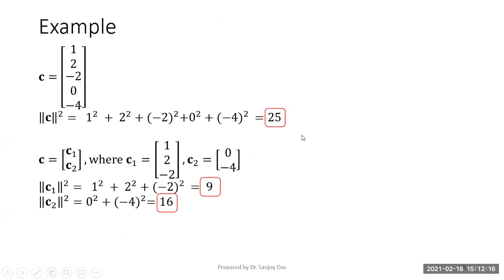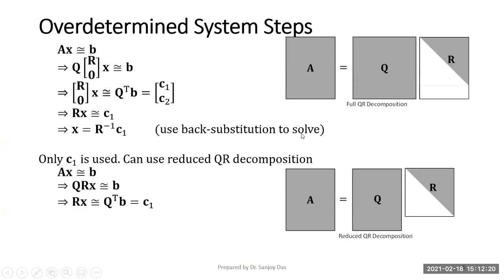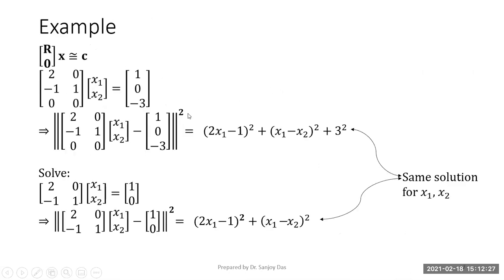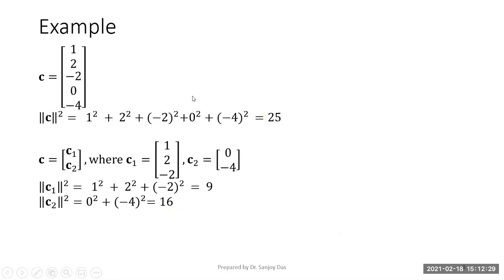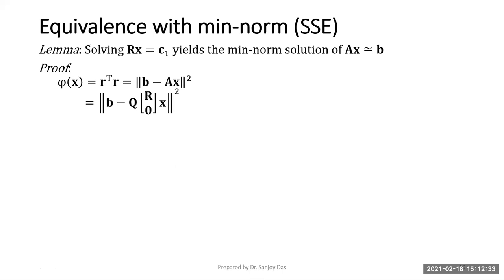Now, if you recall, in one of the previous slides, I told you that for the proof that the solution obtained is the same as that obtained from the min norm and the sum square error minimization approach, I used full QR decomposition. They give you the same solution.